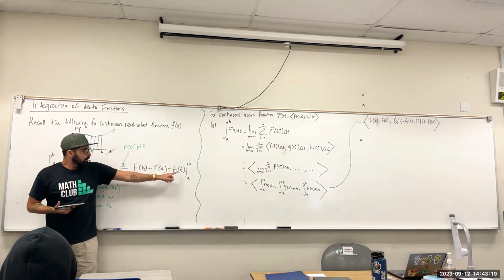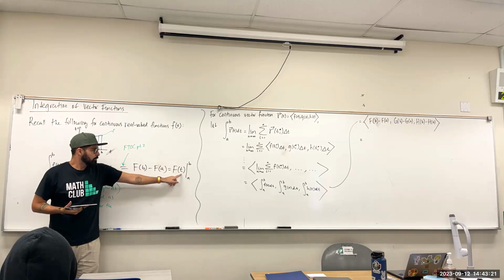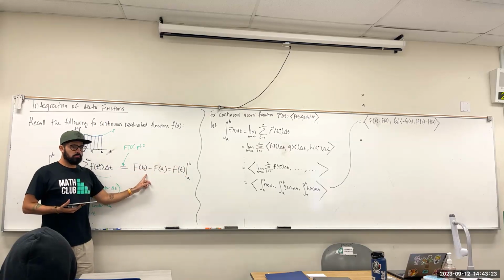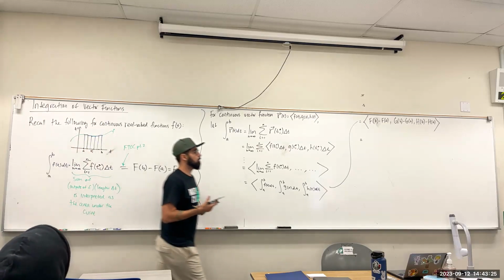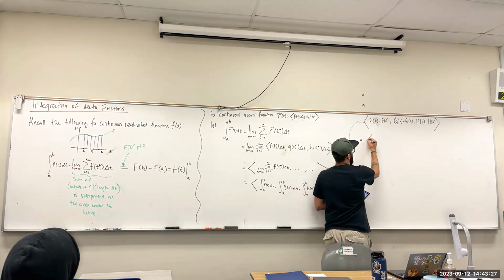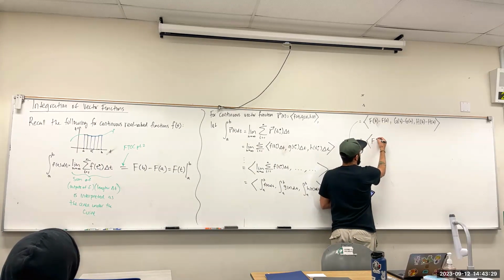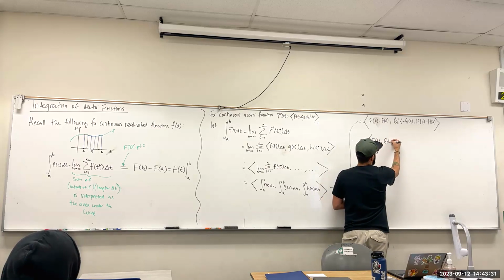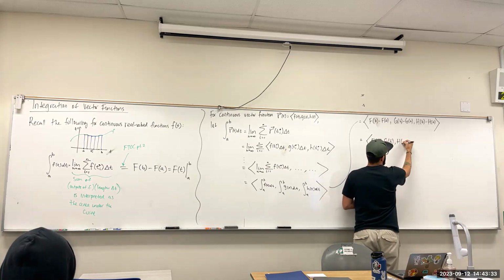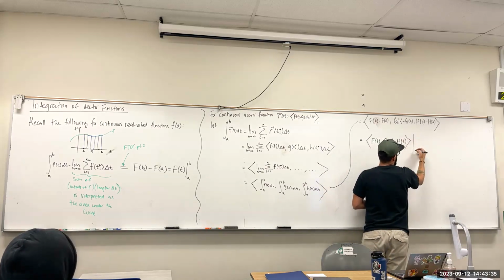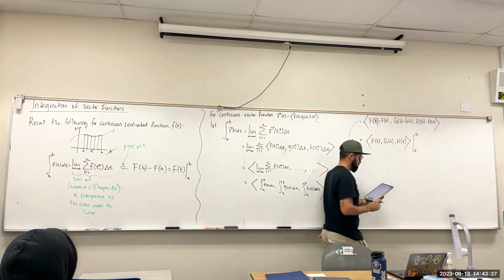In this, you see how here we kind of invented this notation to really mean this? What we're going to do now is we're going to say that it'll be f of t, g of t, h of t, evaluated at a, b.